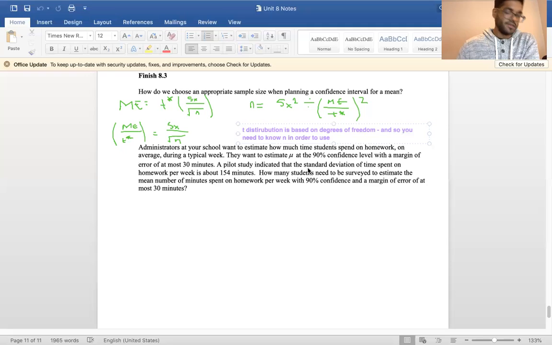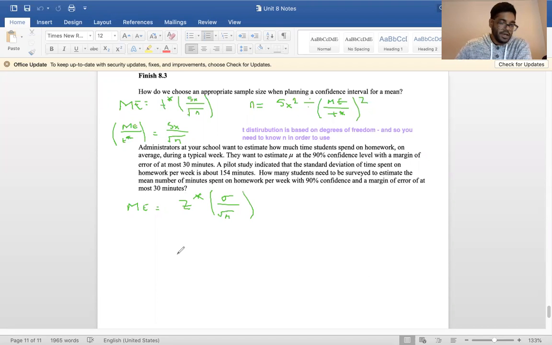So what we can do is come up with an approximate value by using the z critical, even though it's not going to be the exact same. It will be somewhat similar, and it'll give us a good estimate. So then we go back, and ME equals z critical, changing it from t critical to z critical, times sigma over the square root of n. See if you can solve for n on your own.